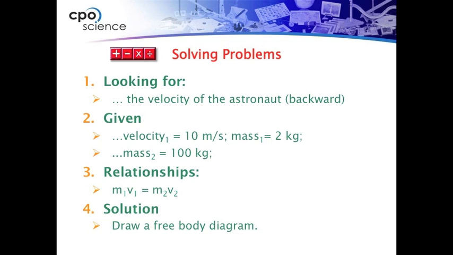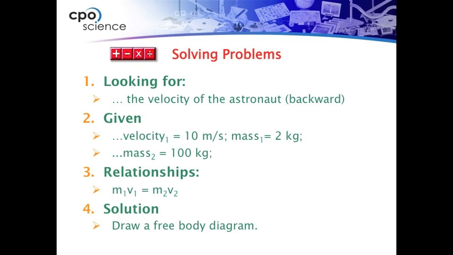The solution: we're looking for the velocity of the astronaut. We know the velocity of the wrench, object 1, is negative 10 meters per second because it's left, with a mass of 2 kg. We know the mass of the astronaut, which we'll label as object 2, is 100 kilograms. We know that the total momentum of the system before was 0 kilogram meters per second.